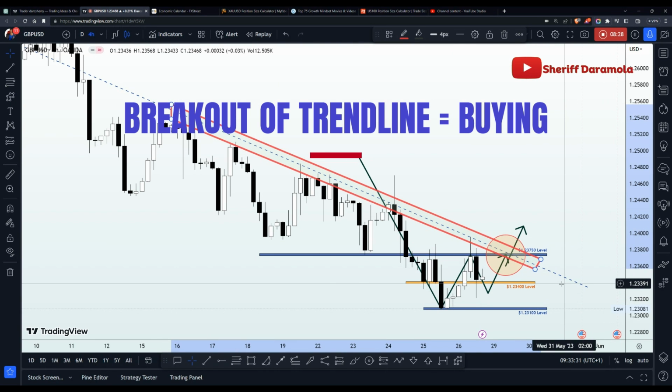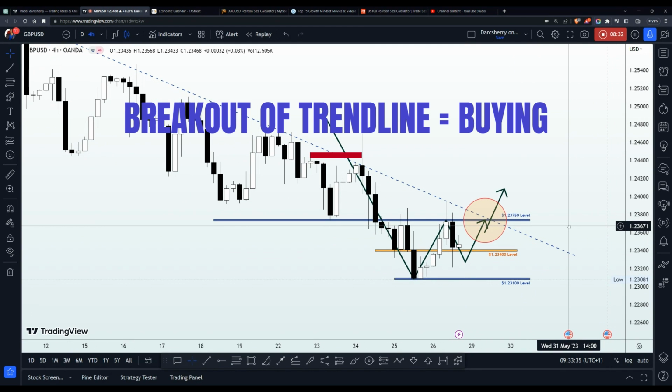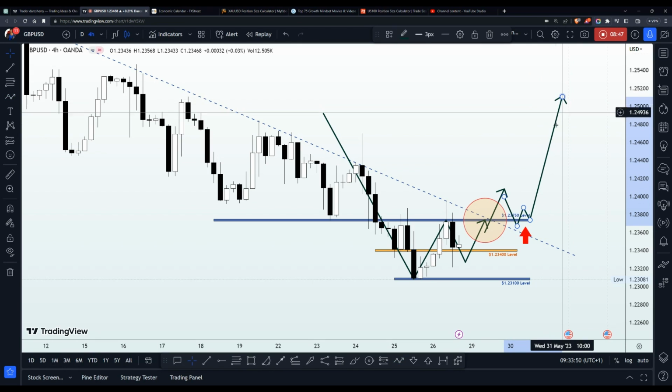And if this is going to be the case, I'm of the opinion that we could start buying anywhere above the trend line. And if price action comes back to give us probably a retest of the trend line or the 1.23750, followed by buying pressure on our lower time frame, we shall be looking out for more opportunities to buy the GBPUSD.